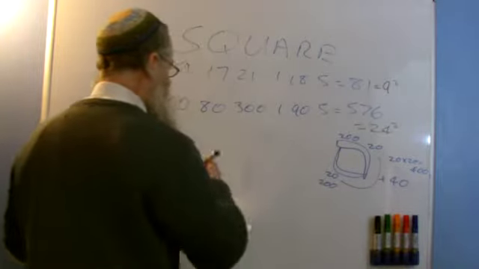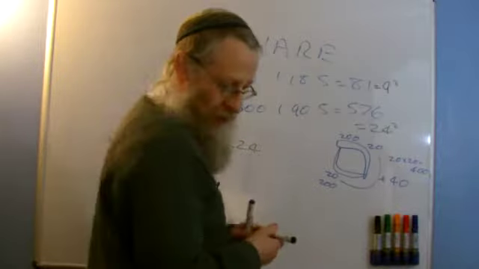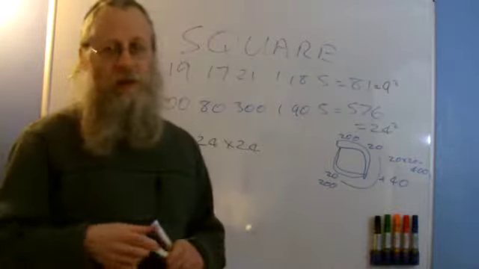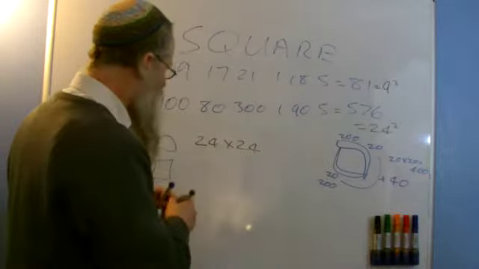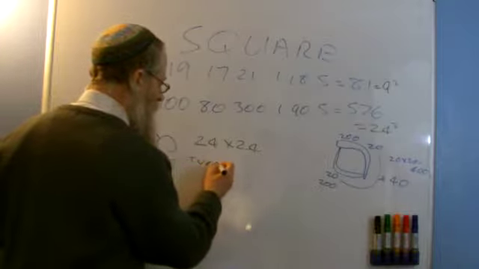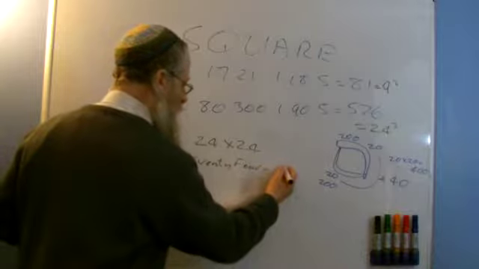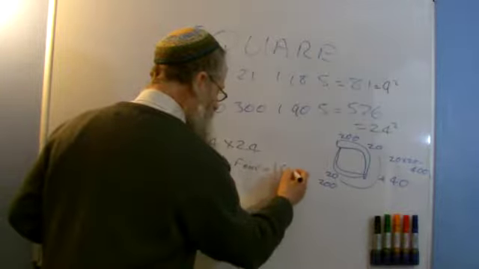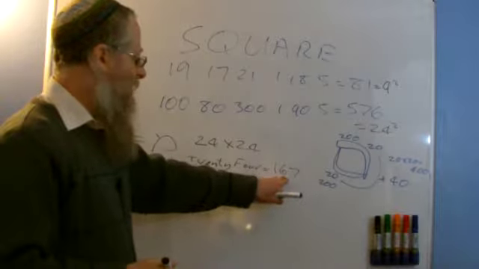If I write out 24 times 24, I'm going to work out the value of that if I was to write it into words. In other words, the words 24, let's just write it in small, 24 equals 167. Happens to be obviously the large value of the letter mem.